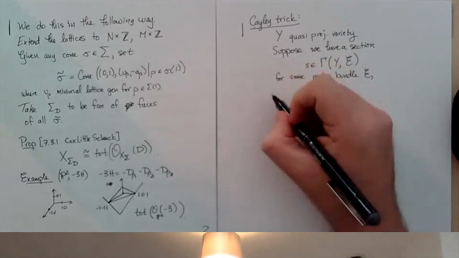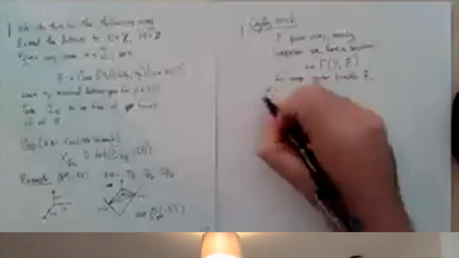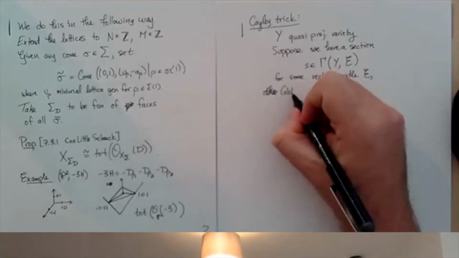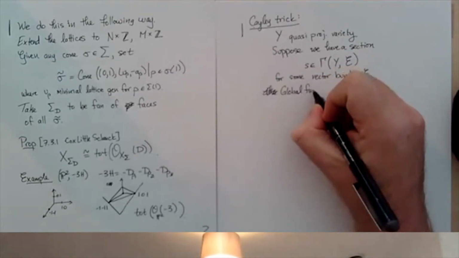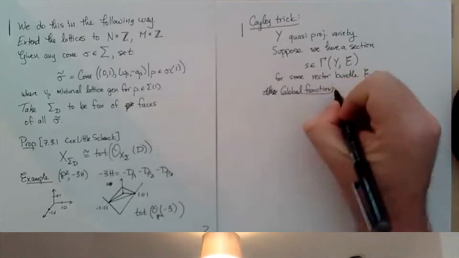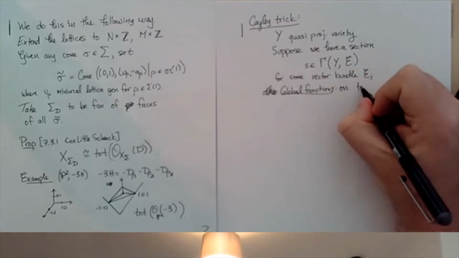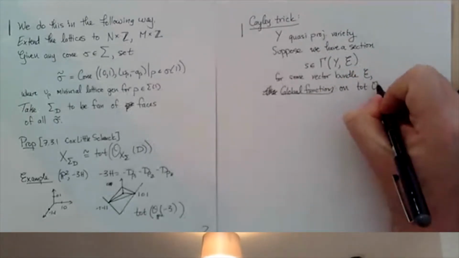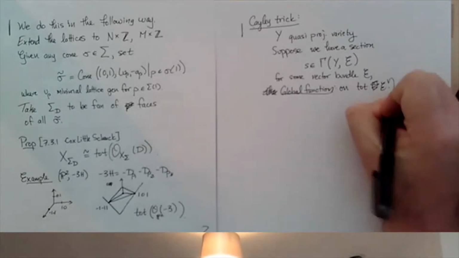So the function we end up with is a global function on the total space of E dual in the following way.